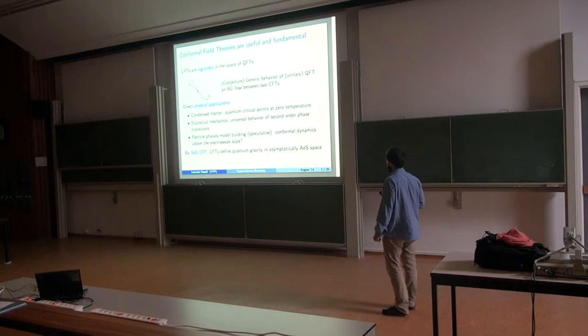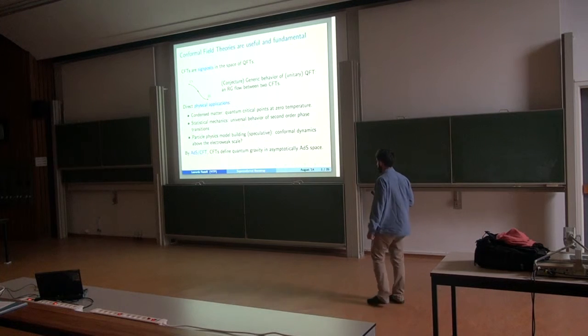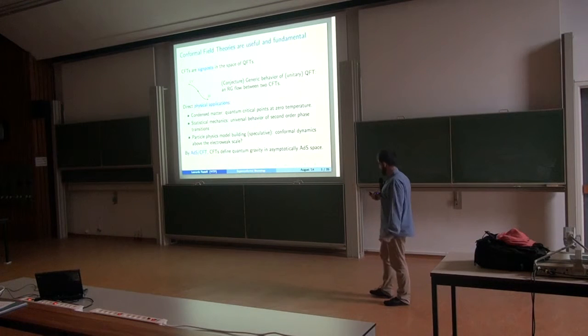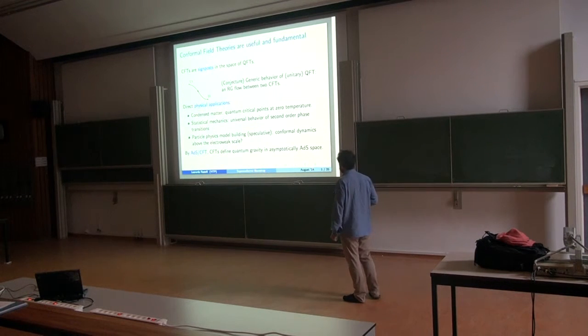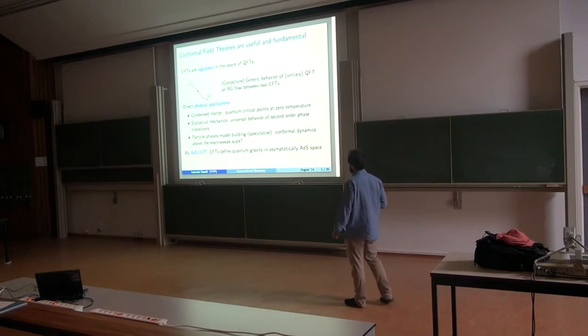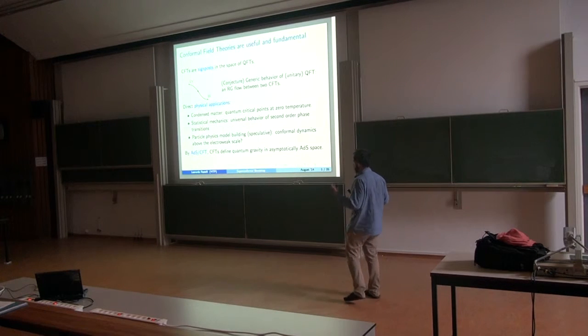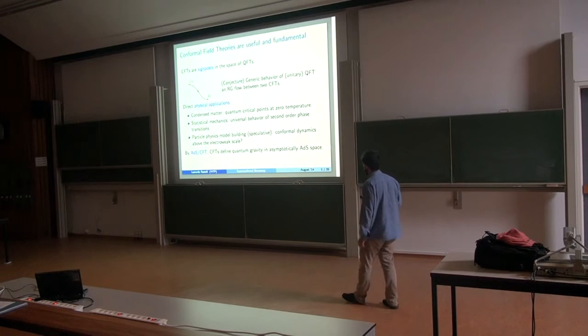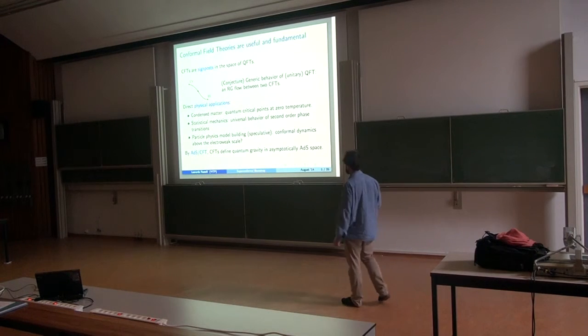So let's start with some motivations, although probably for this audience they're hardly needed. Conformal field theories are fundamental. According to one powerful viewpoint, all of quantum field theory can be reduced to the study of conformal field theories, because conformal field theories are special points, signposts in the space of generic, not necessarily conformal quantum field theories.